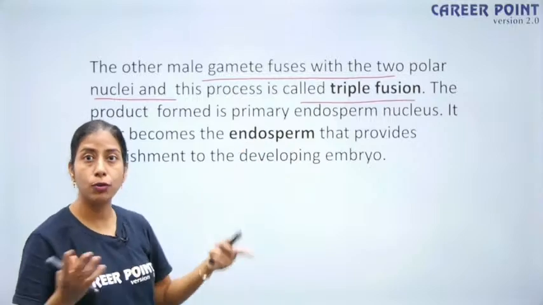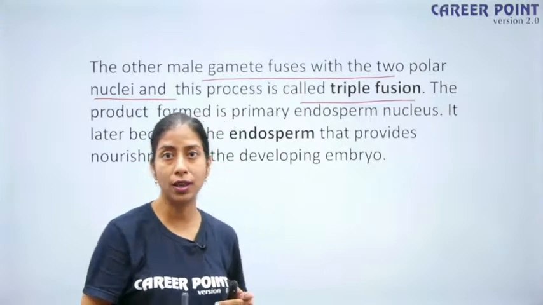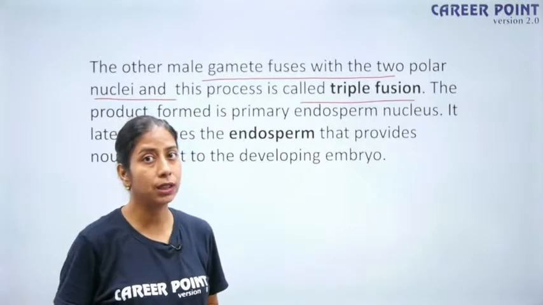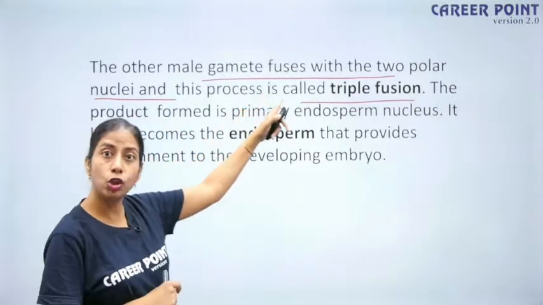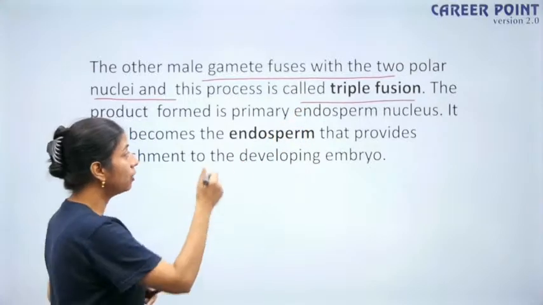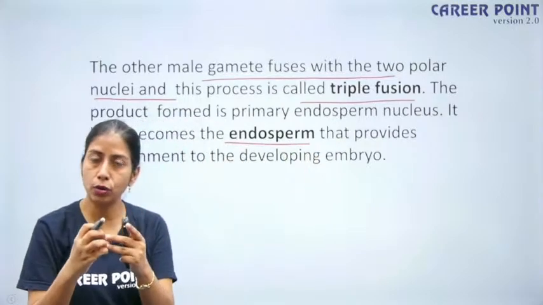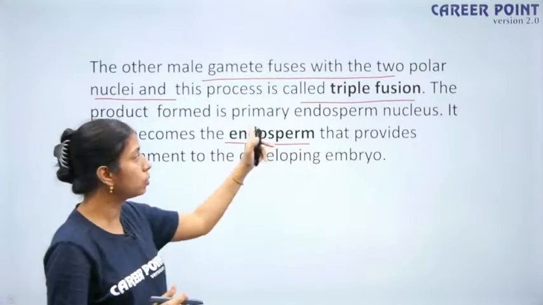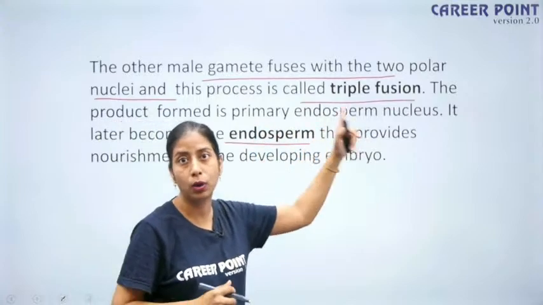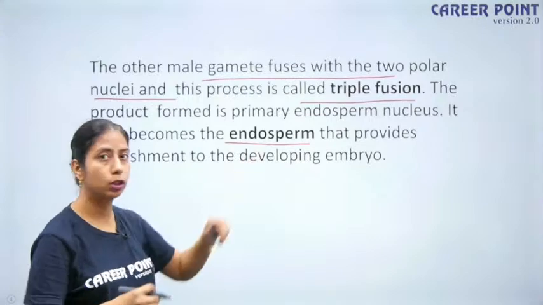अब ये कौन सा फ्यूजन है, इसकी जरूरत क्या है? Why is there another fusion when already the embryo is formed? ये जो ट्रिपल फ्यूजन हो रहा है, this is taking place and what is formed is endosperm. जब तीनों फ्यूज हो गए तो जो पहला न्यूक्लियस बना उसको हम प्राइमरी एंडोस्पर्म न्यूक्लियस कहते हैं. आगे जाके वो बनाएगा एंडोस्पर्म.